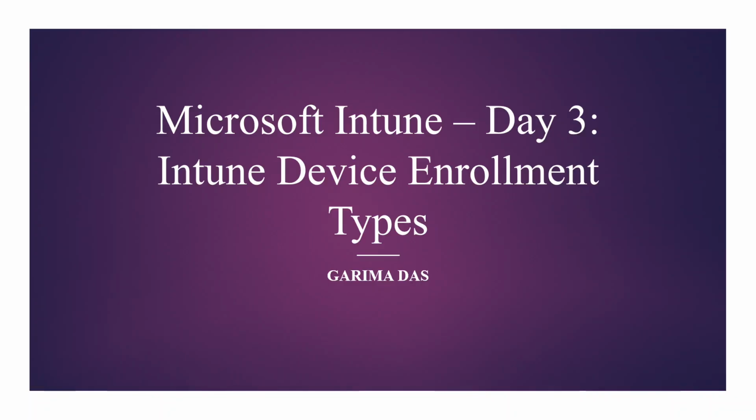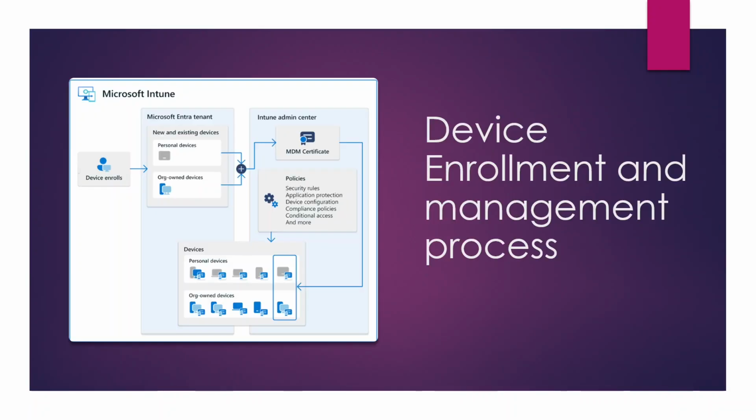So, let's get started. Before Intune can apply policies or manage a device, that device must first be enrolled. The enrollment process begins when a user or an administrator registers a new or an existing device with the organization's Microsoft Entra tenant.